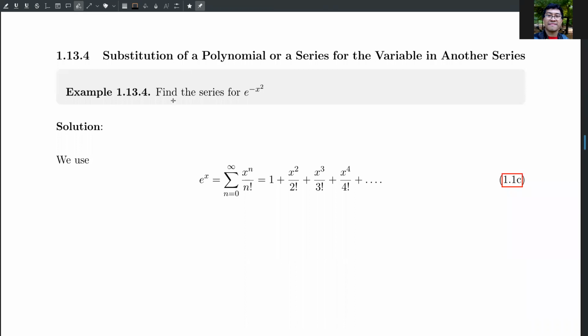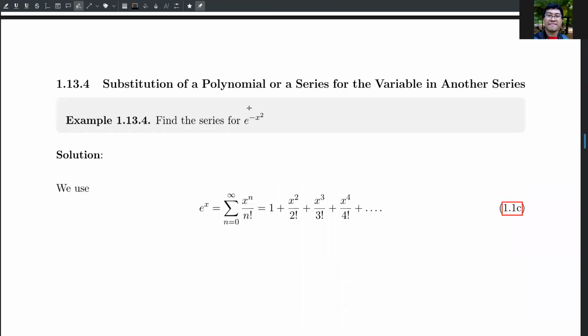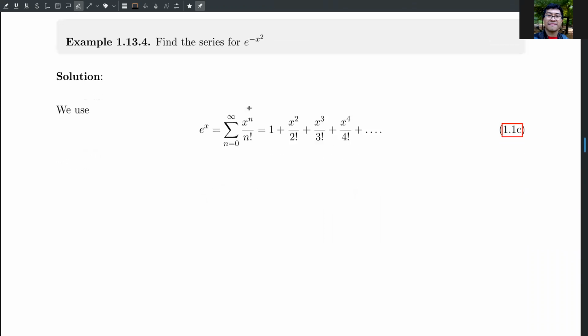Now, how about if we substitute a polynomial or a series for the variable in another series? For example, this one: e to the minus x squared. We have x squared, a simple polynomial. Using the known expression for e^x, you can write e to the minus x squared as e^x with x replaced by minus x squared.